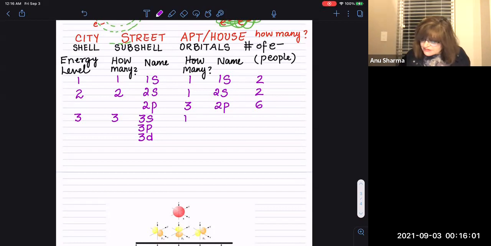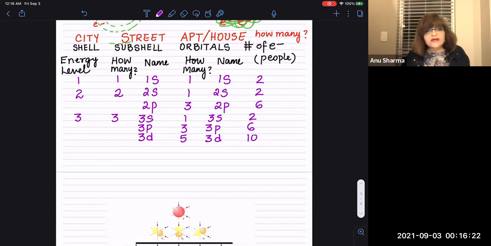How many orbitals in 3p? 3. And how many orbitals in 3d? 5. How many electrons can live in 3s? 2. How many electrons can live in p? 6. And how many electrons can live in d?